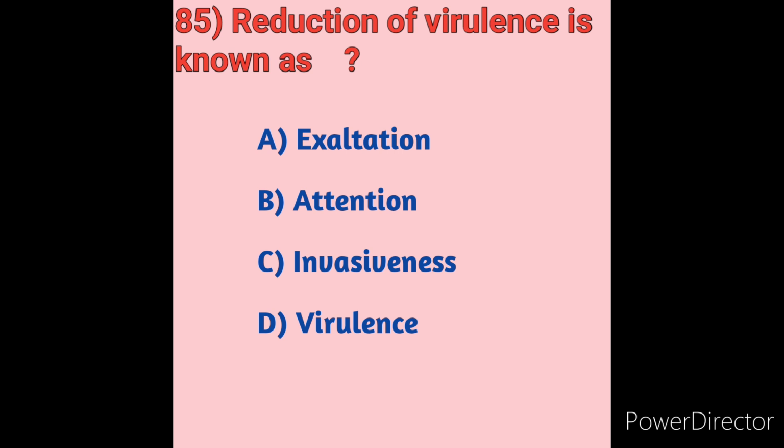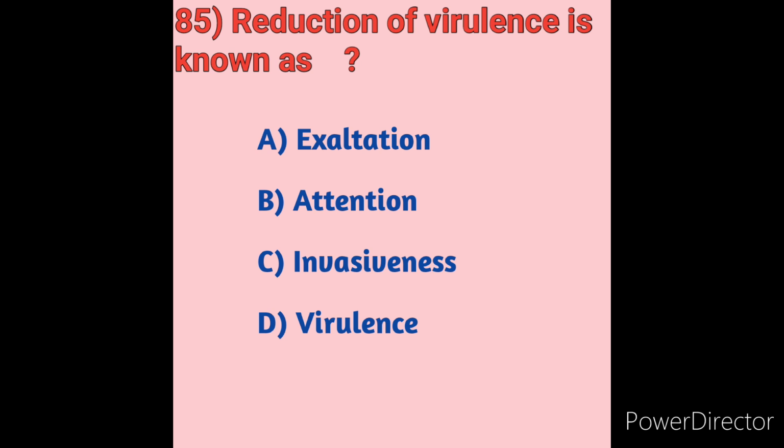Option A, exaltation. Exaltation is a feeling or state of extreme happiness. But here the question is reduction of virulence. Next, option B, note attention friends, attenuation. We will see what attenuation means.